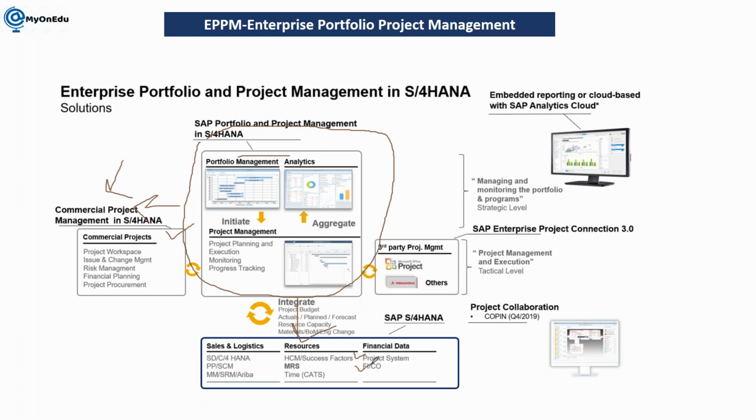Similarly, to take the resources for resource planning, we use SCM, which can be SuccessFactors also. Whatever resource we assign to a project, that master data has to be created in SCM or in SuccessFactors. And we select based on qualification, location, or availability for the project requirement. We can integrate project management with MRS also.